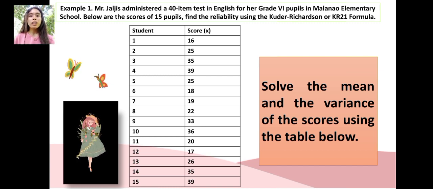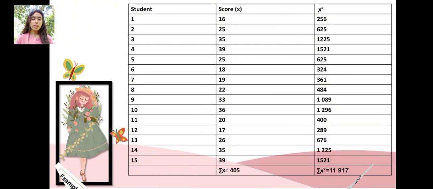The table consists of three columns: the students, the scores, and the summation of the scores. We have 15 students, and the scores are what every student got on the test.